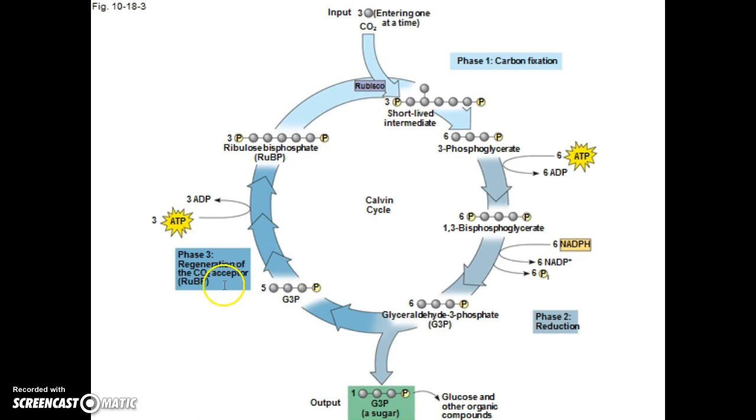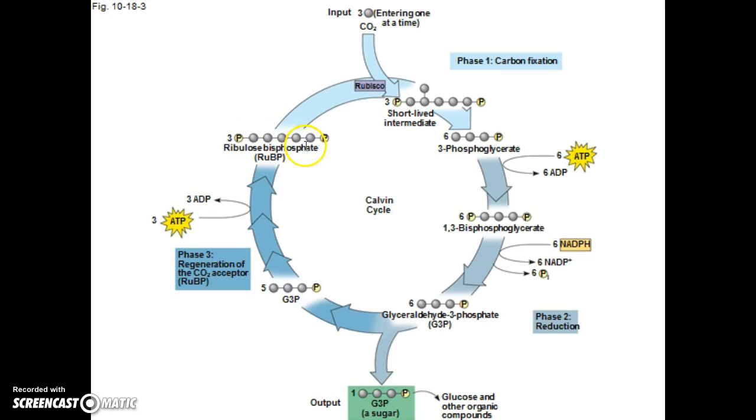So to sum up phase 3, quite simply, we have 3-carbon sugars, G3P. They're phosphorylated. We can see the addition of phosphates up here. There's one on each one of these, but now there's 2. And they are reorganized into 5-carbon compounds, RuBP, and there's now 3 of them.